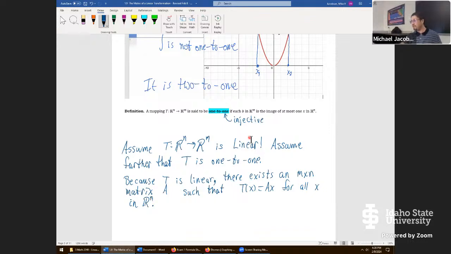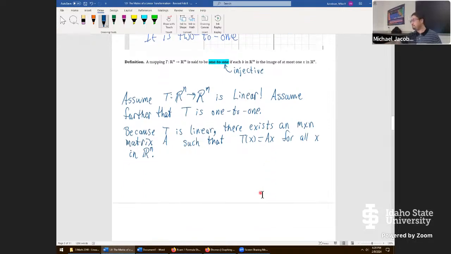This would be Rn. That's the whole point of this section, the standard matrix of the transformation. So definitely don't want to forget that. And I can't do anything with this information until we bring in that standard matrix A for the transformation.